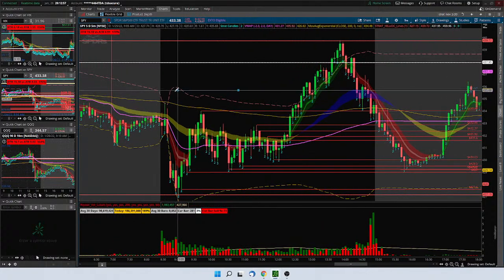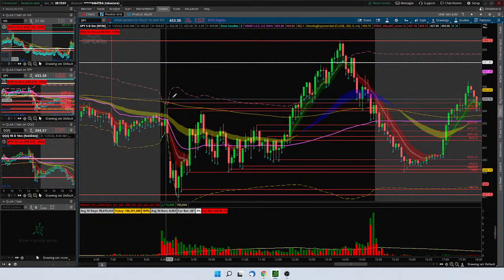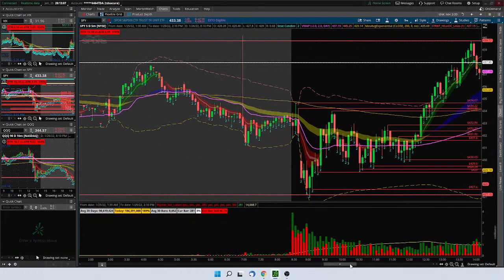Yep, here's a couple. And then you would have got the pre-market high. And so that thing just ripped through everything, which is pretty uncommon, especially for SPY to rip that much, but it did what it did.